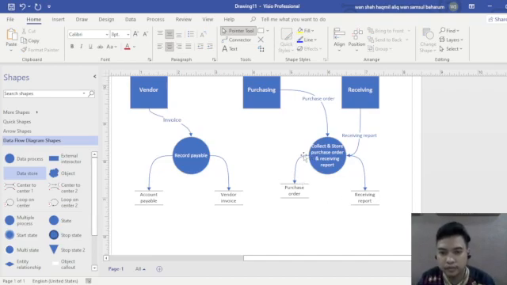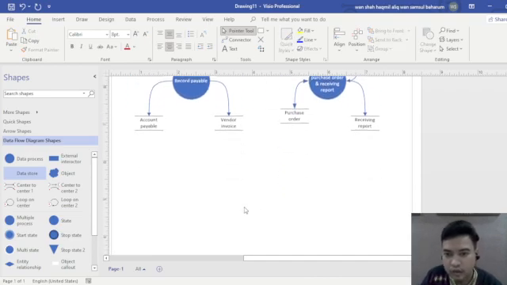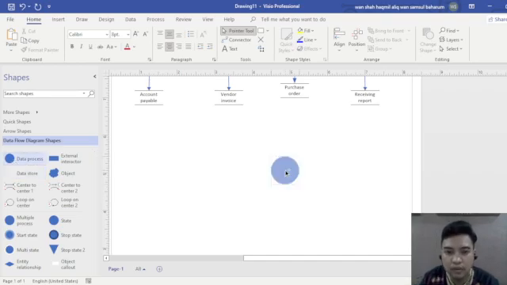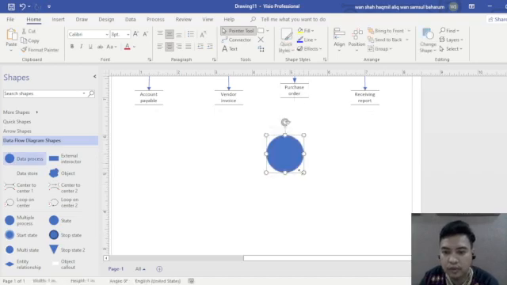From all these four data stores, then we make a payment. There we have one transformation data with the name make a payment.